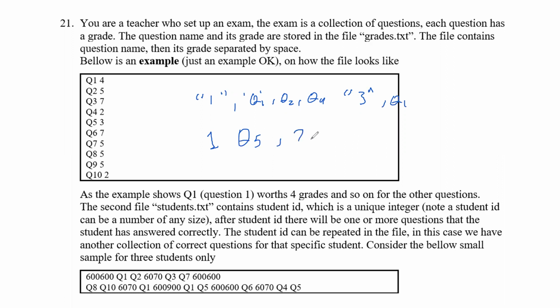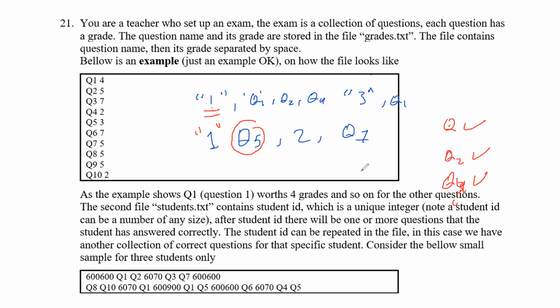Student ID 2, and let's say question 7. What does this mean? If you read it, it means that the student with ID 1 has answered question 1 correctly, question 2 correctly, question 4 correctly, and also question 5 correctly.